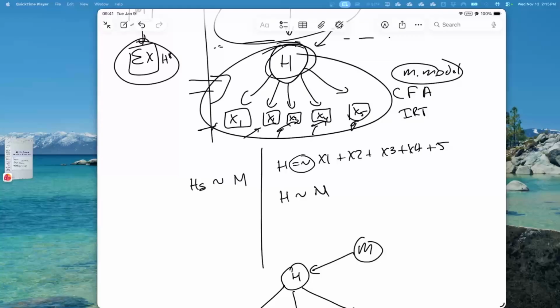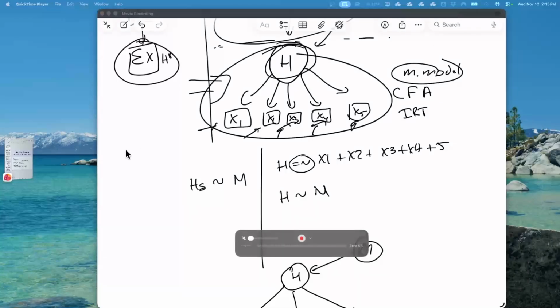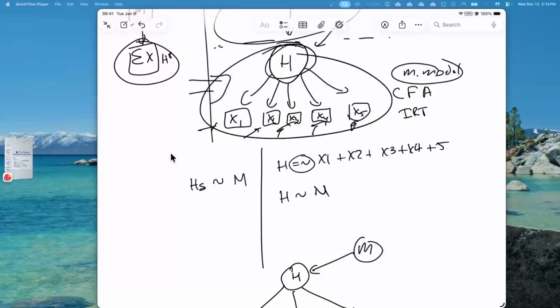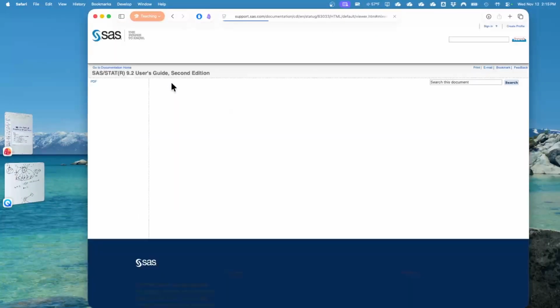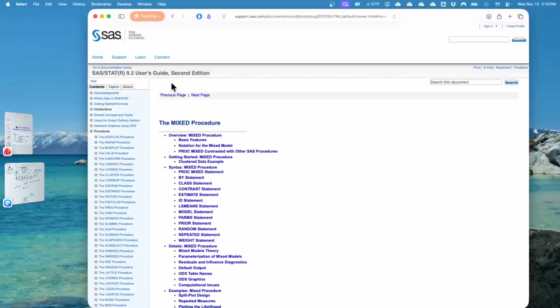But the point I'm trying to make is that when I taught you CFA, you will see factor analytic solutions everywhere if you allow it. Let me go a step further, because Angela, I know you talked about mixed models before. I'm going to pull up the user manual of my favorite mixed model software, which is SAS PROC MIXED. This is an older one, but it's still in there.